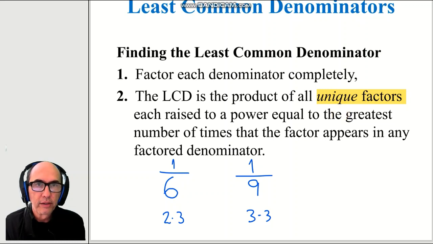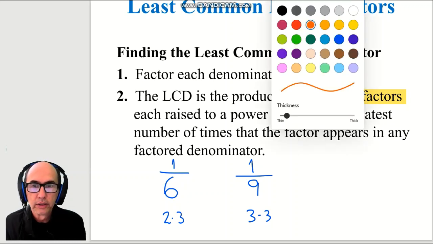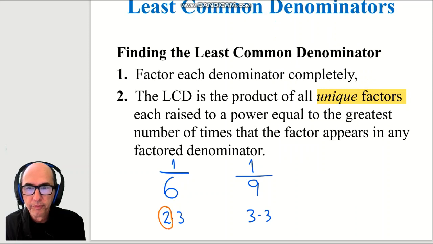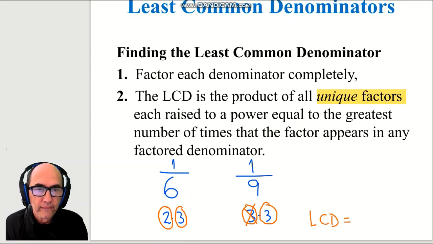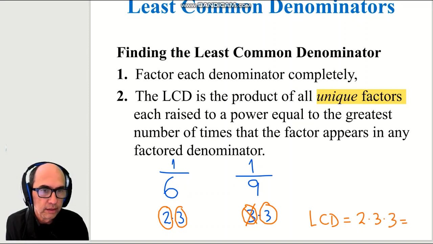The unique factors are the factors that will not repeat. So we have 2, and we're going to have 3 and 3 repeats. So we're going to exclude it if they repeat, and we have another 3 that doesn't repeat. The least common denominator is equal to 2 times 3 times 3. That's 18.